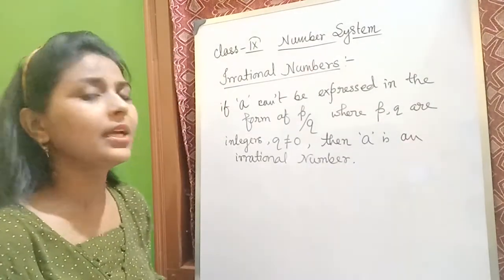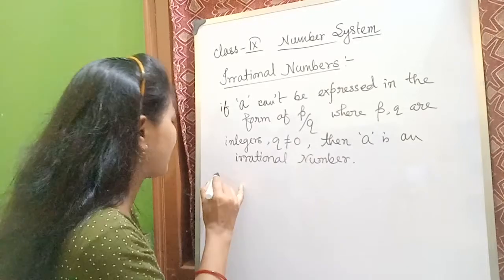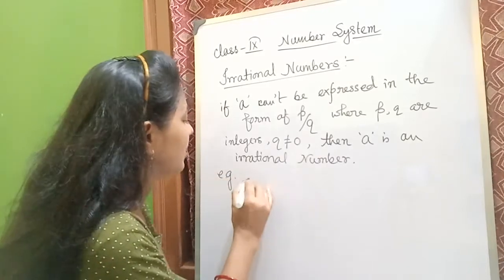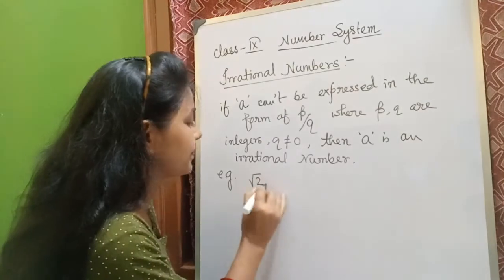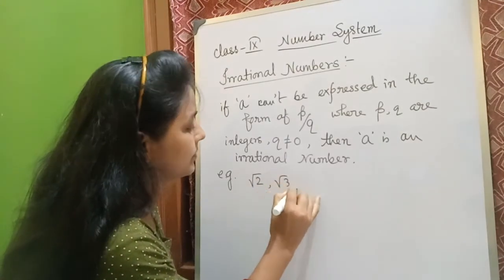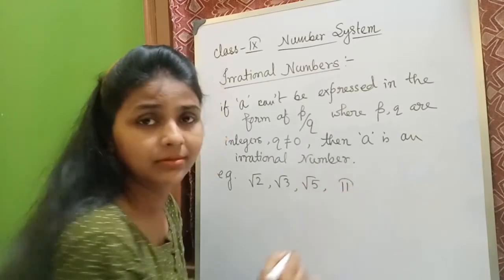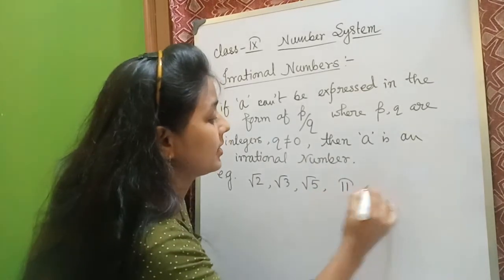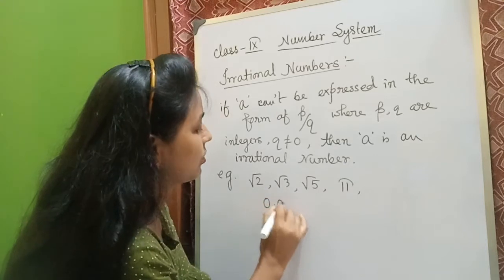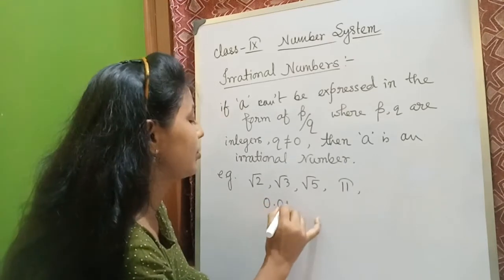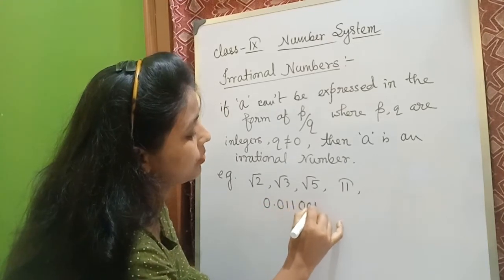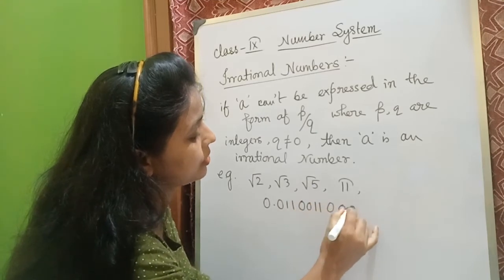Okay, so for example, irrational numbers are root 2, root 3, root 5 and pi, and then a number looking like 0.011, then 0.0011, then 0.00011.